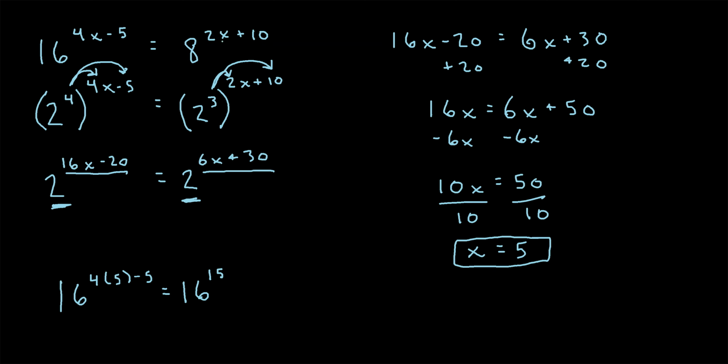And then over here, if we plug in a 5 for x, we'll get 8 to the power of 2 times 5 plus 10. 2 times 5 is 10, plus 10 is 20. 8 to the 20. This number will be massive, but if we punch it into a calculator or some software, 16 to the 15th power will be equal to 8 to the 20th power. So that's how we can double check that we got the right answer for x.